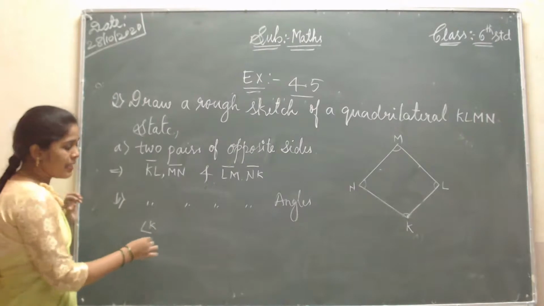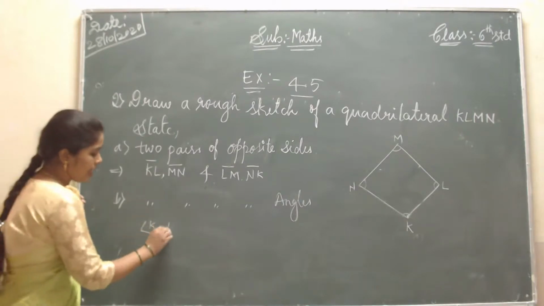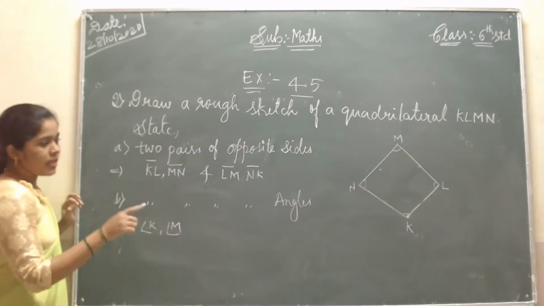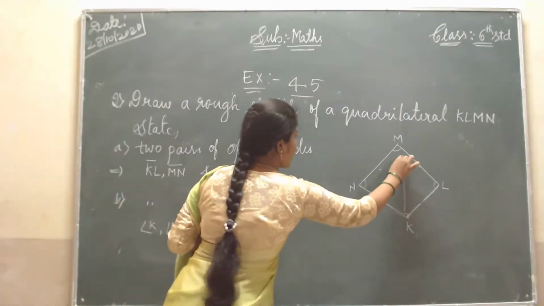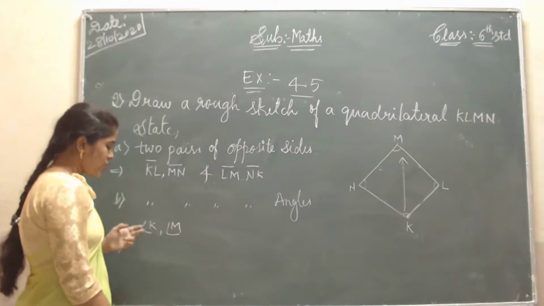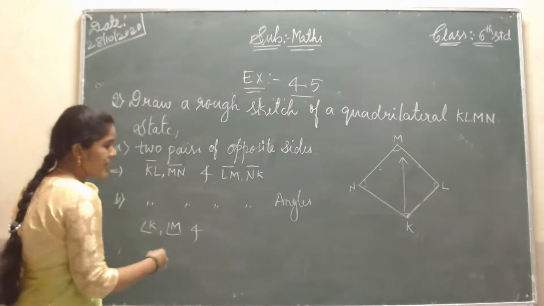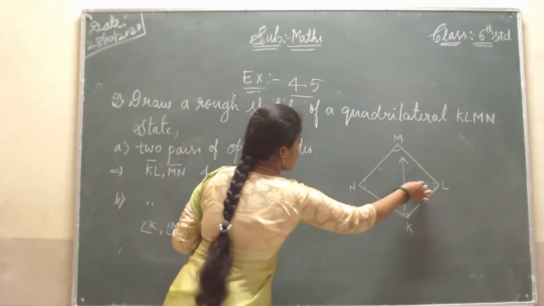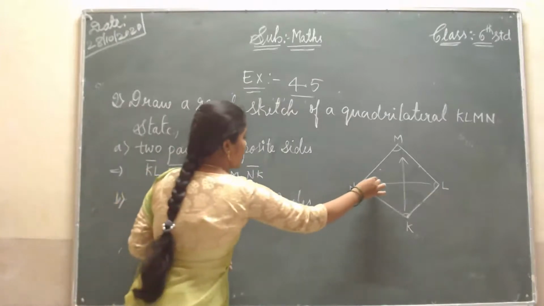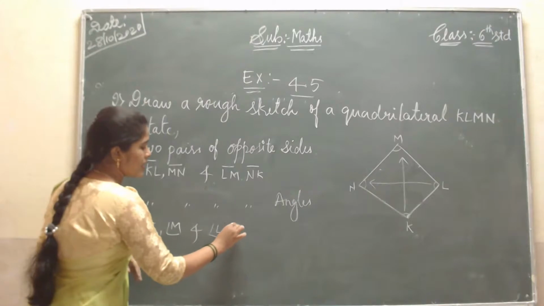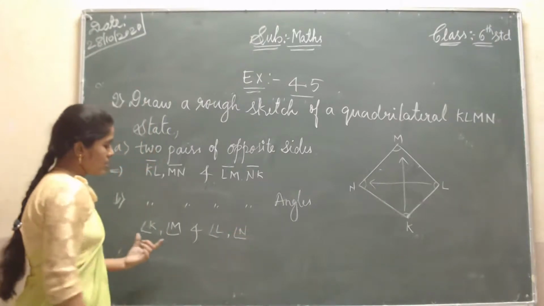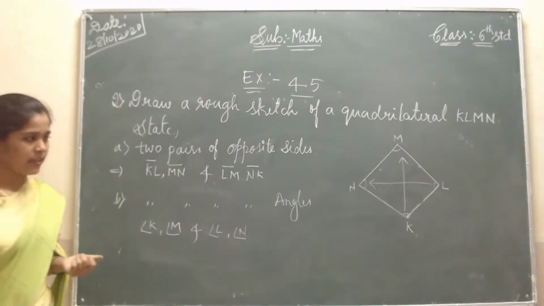The opposite angle of K is angle M. See here, opposite of this K is angle M. That is one pair. The second pair: L's opposite angle is the angle here. So these are the two pairs of opposite angles.